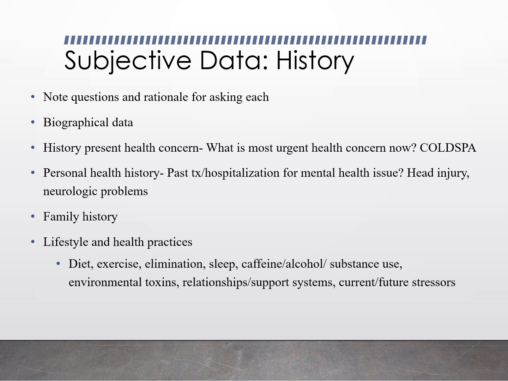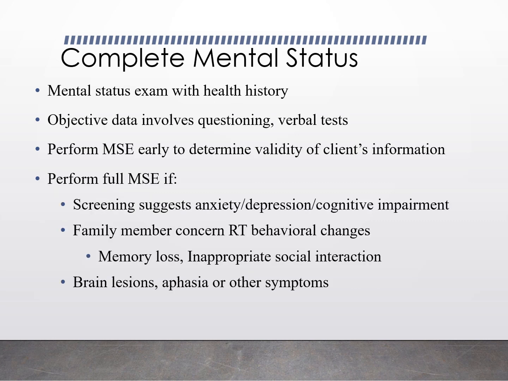What is the most concerning thing right now? Any past treatment or hospitalizations for mental health issues. And I would also include any medications that they're taking, what they're taking the medications for, and how long they've been taking them as an important past health history. Their family history, lifestyle, and health practices, as we know, are very important in helping understand your patient.